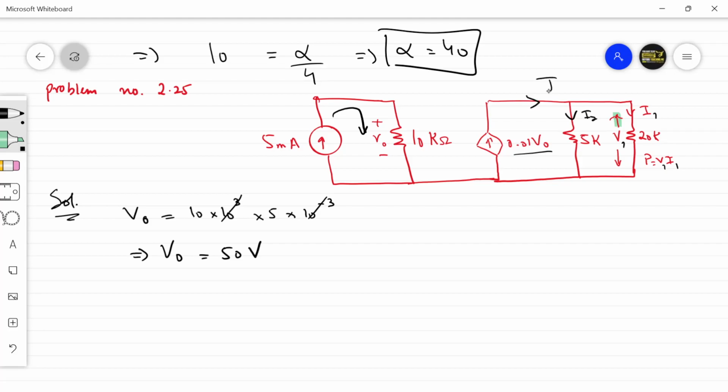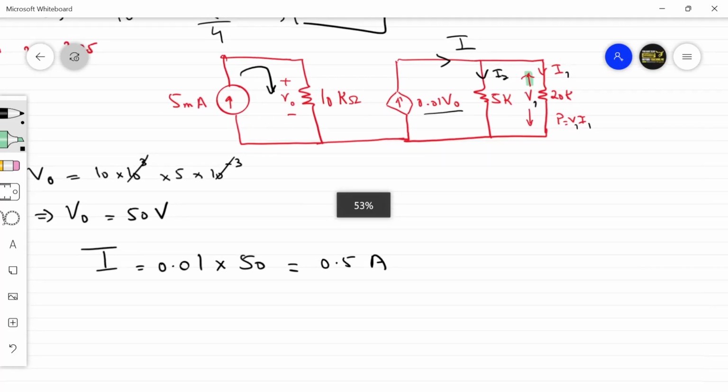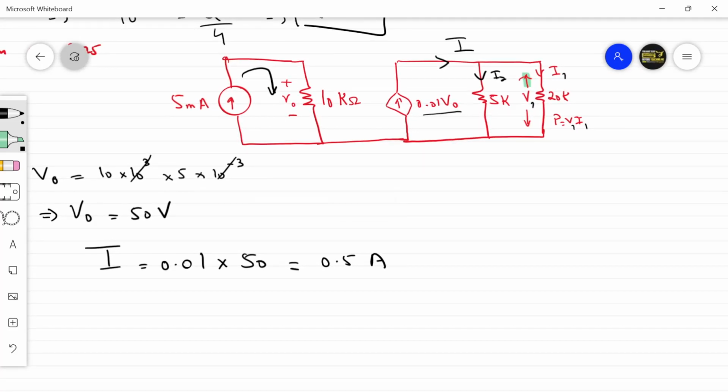Let this current be equal to I. So current I is equal to 0.01 into V naught, that is 50 volts. So this is 50 divided by 100, that is 0.5 amperes. Fine. So I is equal to 0.5 amperes.